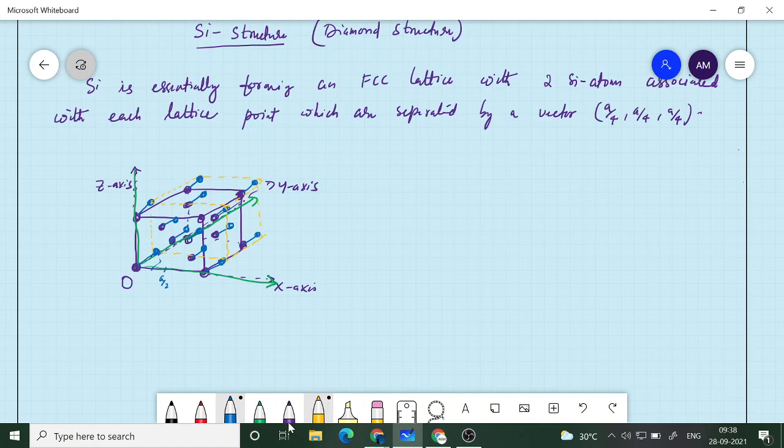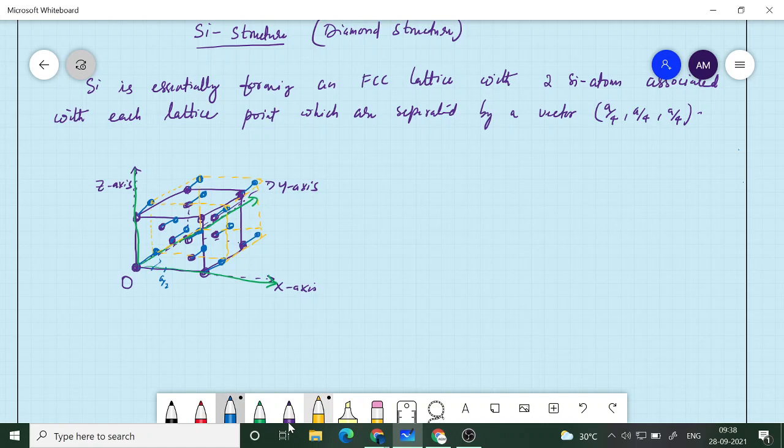For every atom in the first lattice there is an atom in the second lattice. The only thing is that it is shifted by a/4, a/4, a/4. So this way also you can think about it.